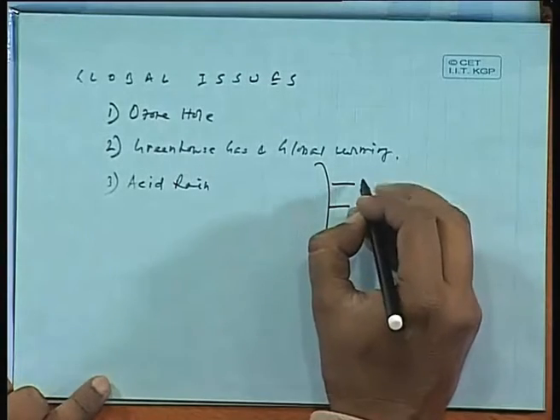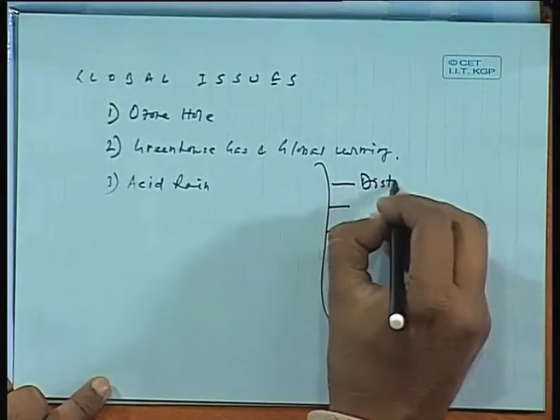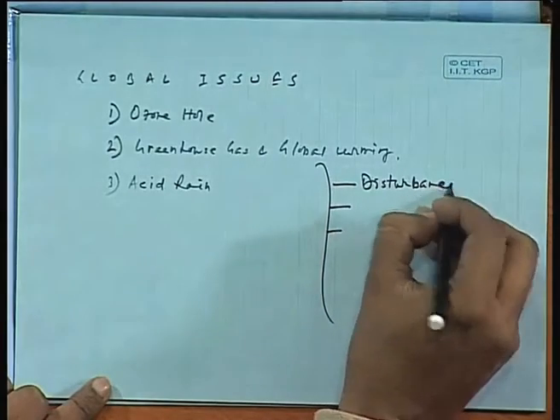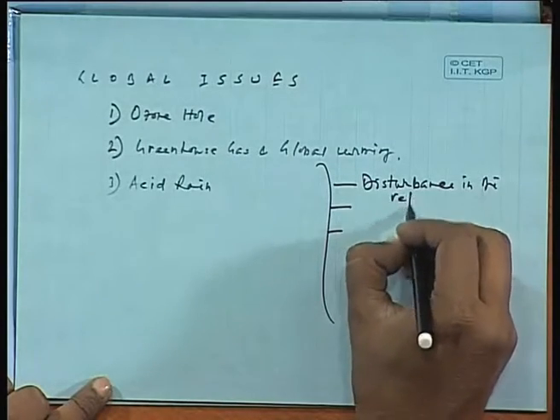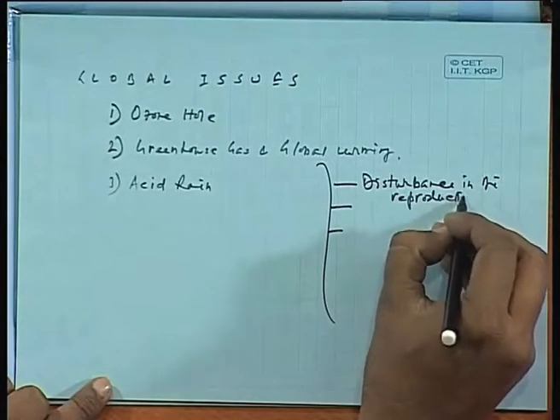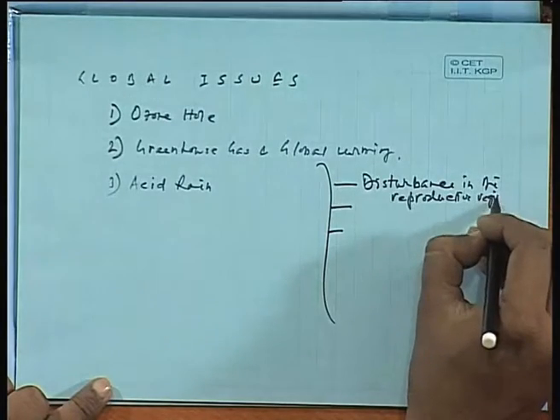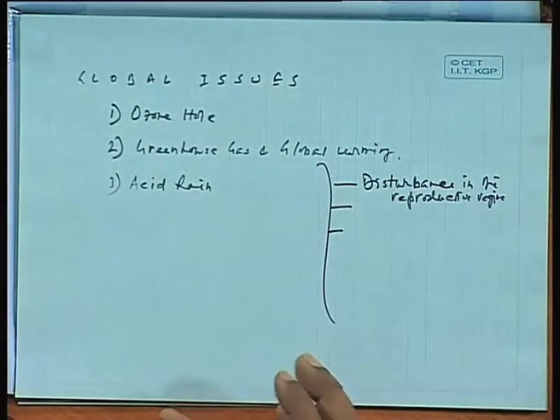Say the first is disturbance in the reproductive regime. This is very important. Say the total reproduction system of the animals, the birds, all kinds of species that we would call biota, all the reproductive regimes are being changed. So their reproduction time is getting shortened.